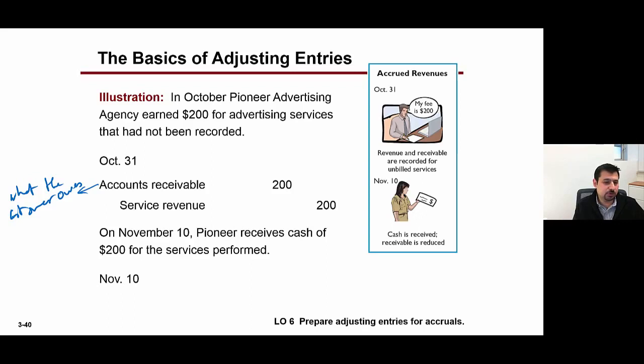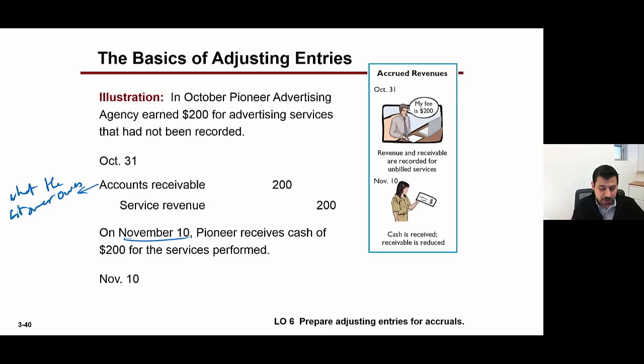But they need to recognize the revenue when the service was provided, although by the time they send the bill and the customer's company pays the bill, it can be in a different accounting period, which is the case here, because the payment was on November 10th, which is in a different accounting period.